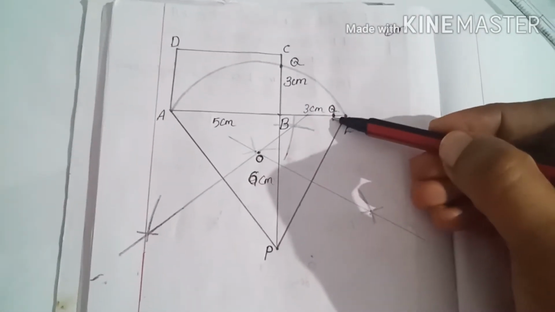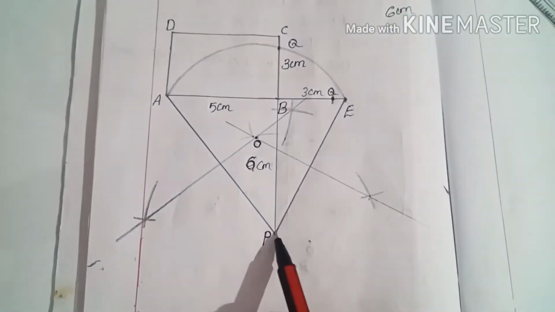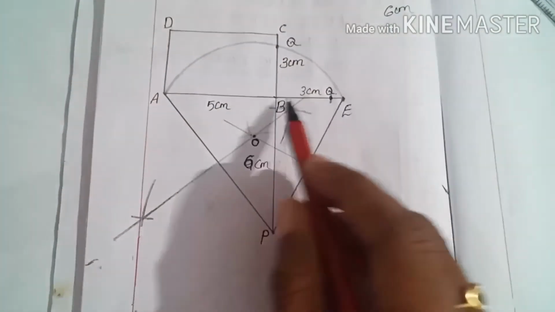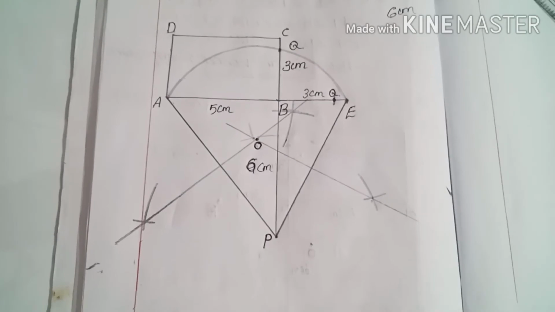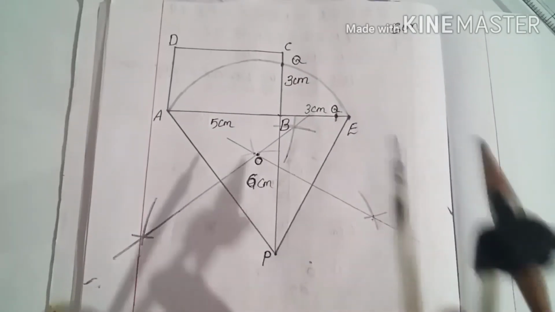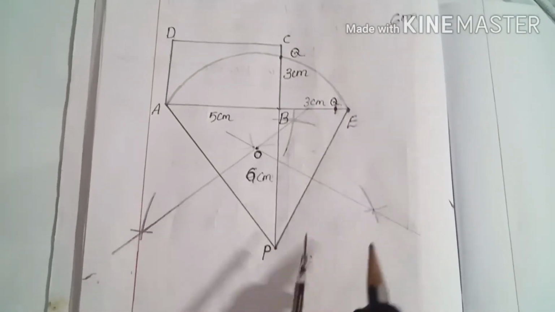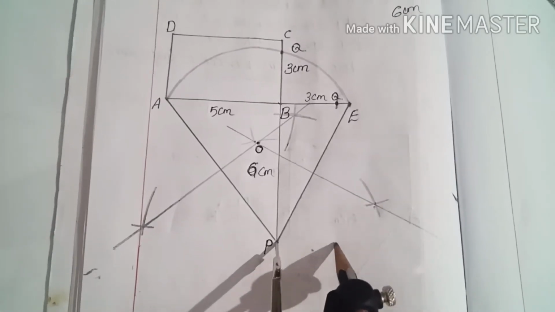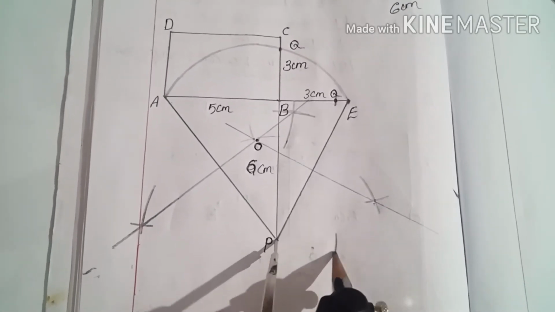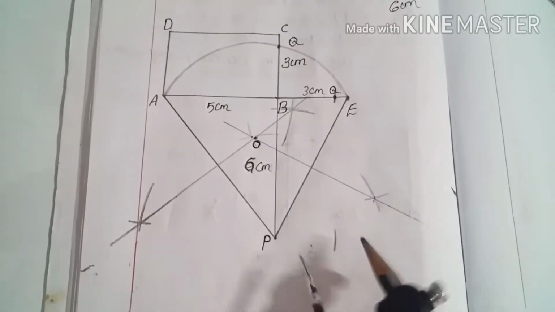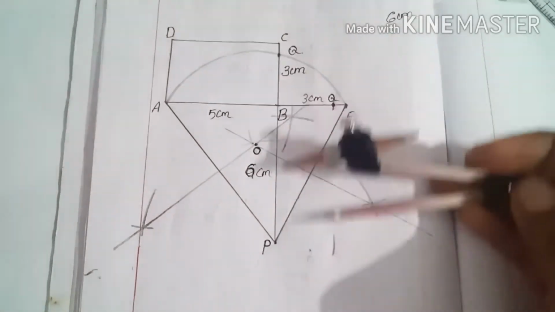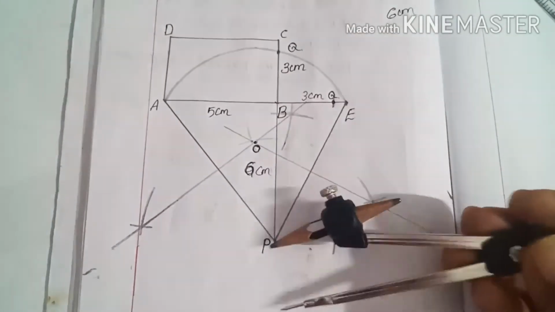Now from this Q 6 centimeter here, from this P also we need this measurement. Same like the method to draw a rectangle we can apply here. That means the same BQ we need here also. 4 sides we need. 2 sides with the same BQ and 2 sides with the same side BP. Next, measure 6 centimeter.